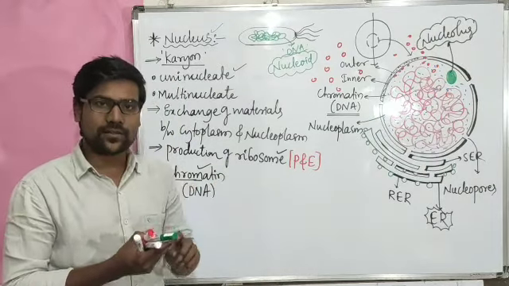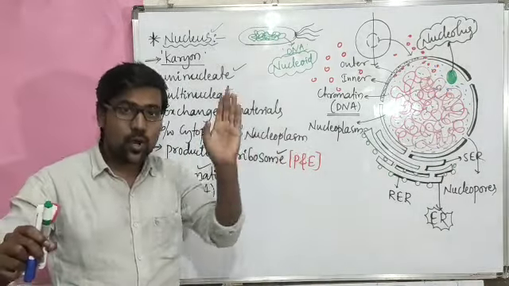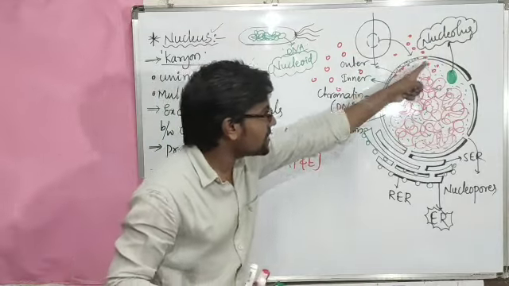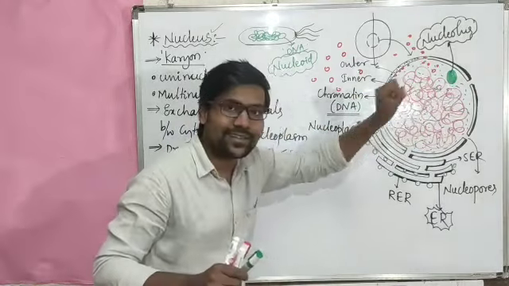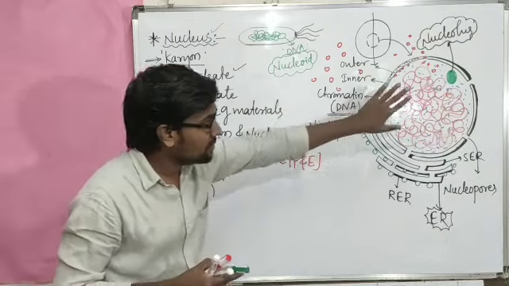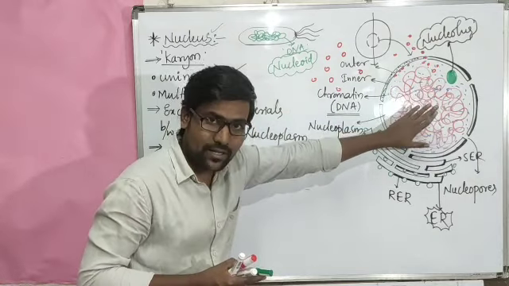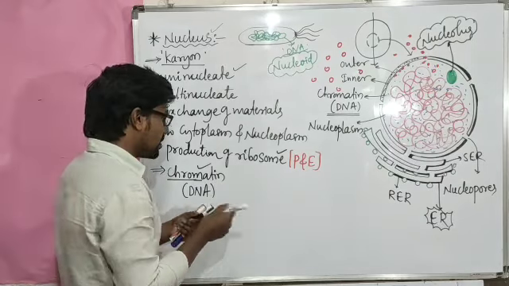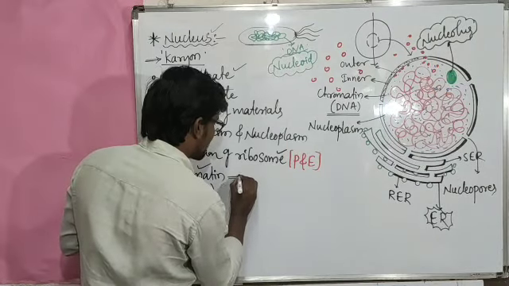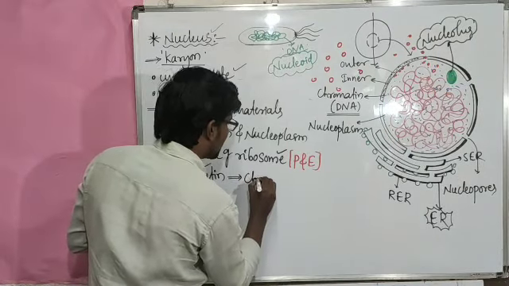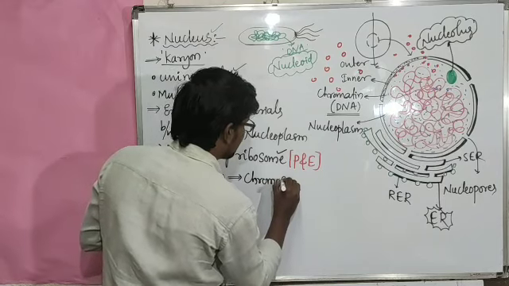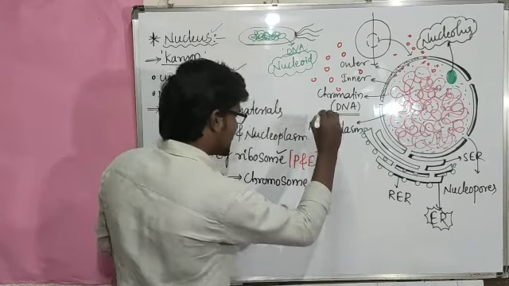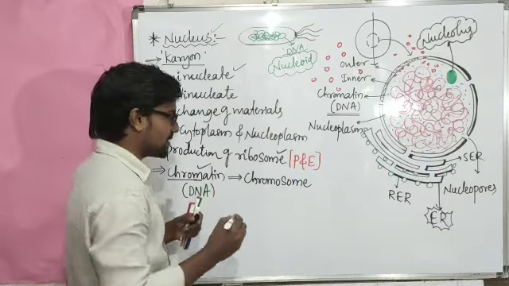And this DNA, which is present in the thread-like coiled structure, is present in a very folded, condensed form here. If this condensed chromatin is further condensed, we get some specific body-like structures. Those are called chromosomes. In the next stage we get chromosomes.